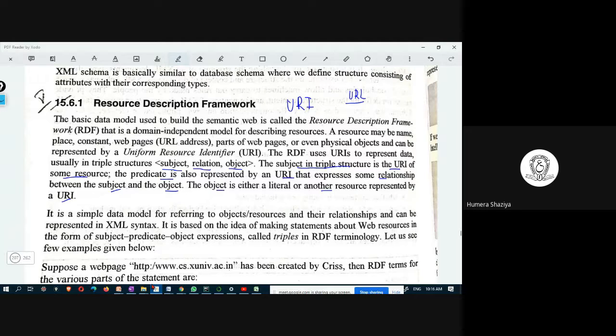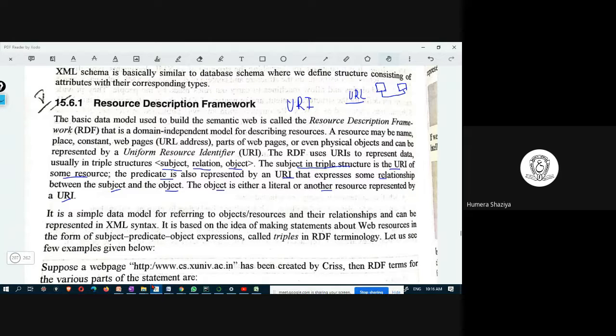Let us take an example. If there are two computers that are connected on the internet, these two are connected by means of semantic web, the extension to the traditional web. There is an object, there is a subject, and there is a relation. Let us say this first object is a server. Another second one is the subject is the client.